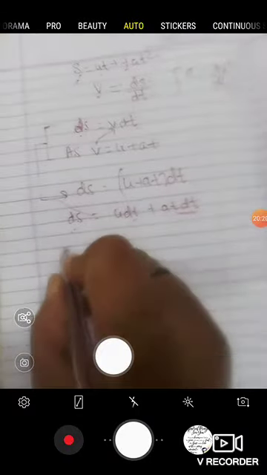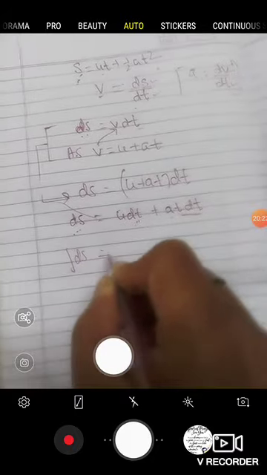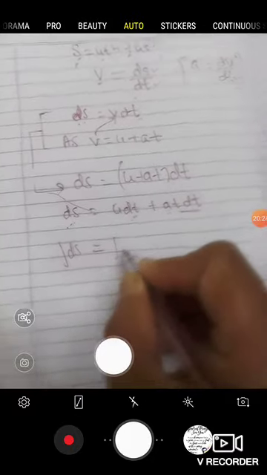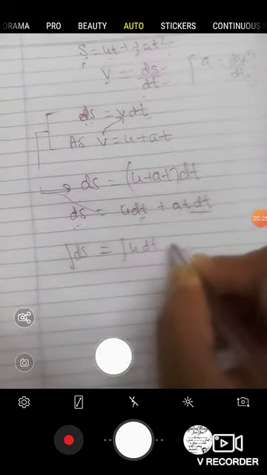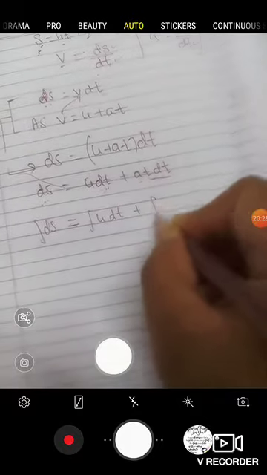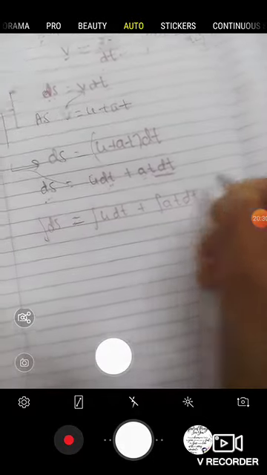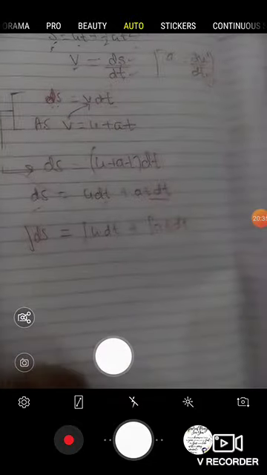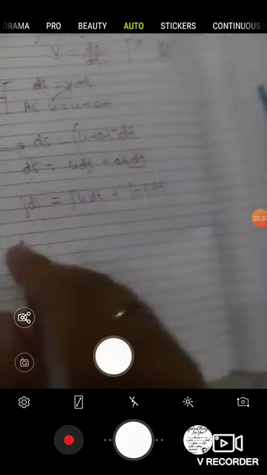Please understand. So integration of ds is equal to integration of u dt plus integration of at dt. Clear? As I told you that u is constant, it will come outside.